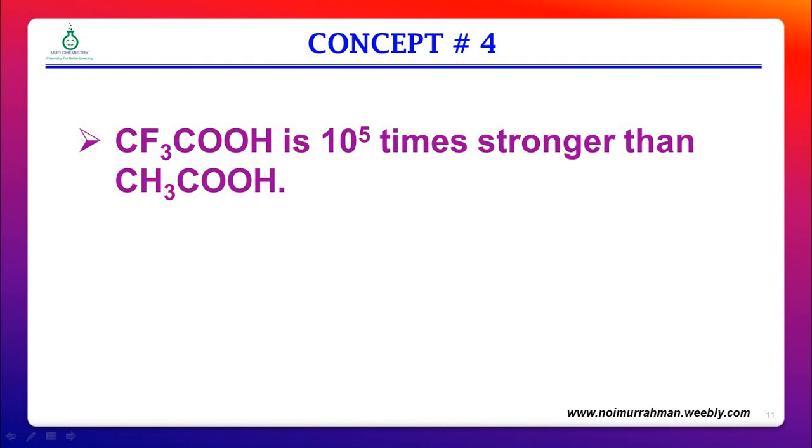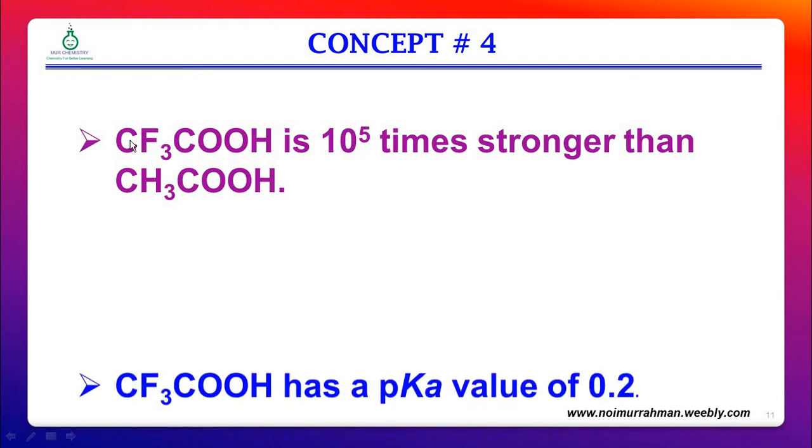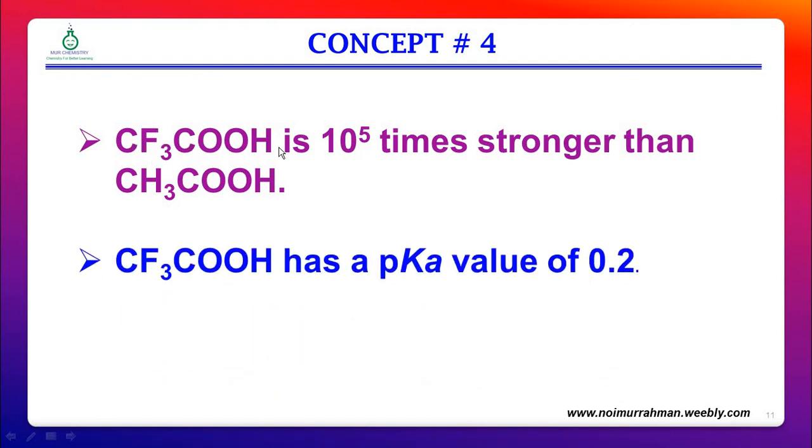Moving on to concept number 4, trifluoroacetic acid is 1,00,000 times stronger than acetic acid. The reason is the presence of 3 -I exerting groups in case of trifluoroacetic acid.